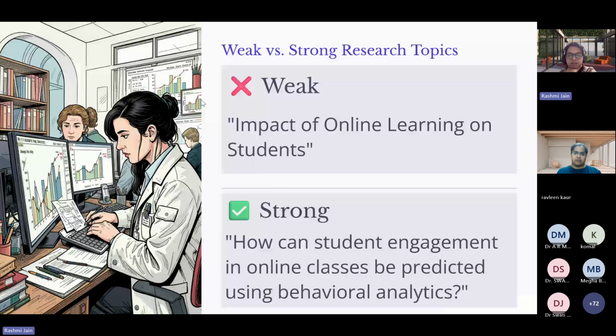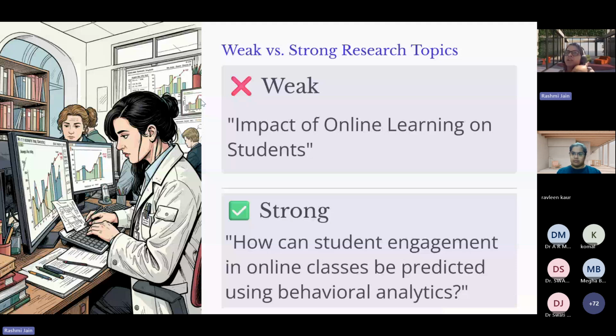So going by my previous slide, this is also one of the ways to predict student engagement in online classes using some tools. If you know this is going to be your research topic, you will do surveys with teachers and with students, and identify what kind of behavioral analytics we can see.